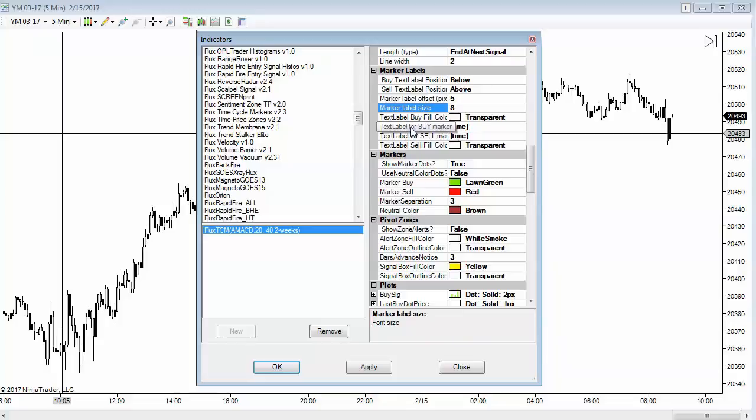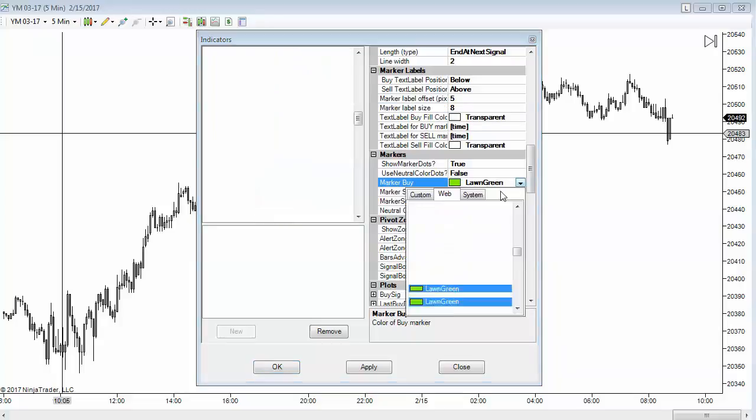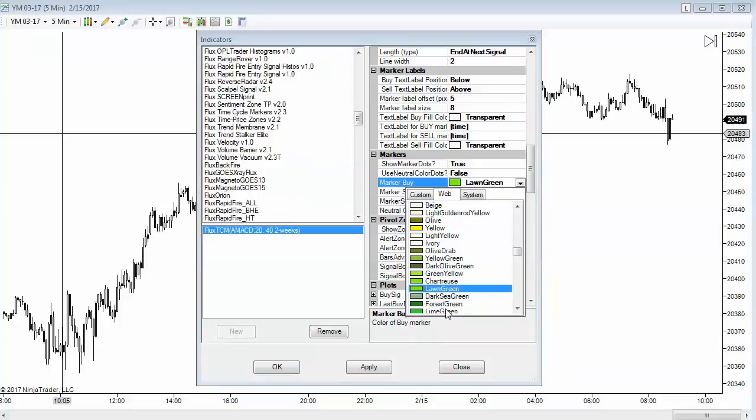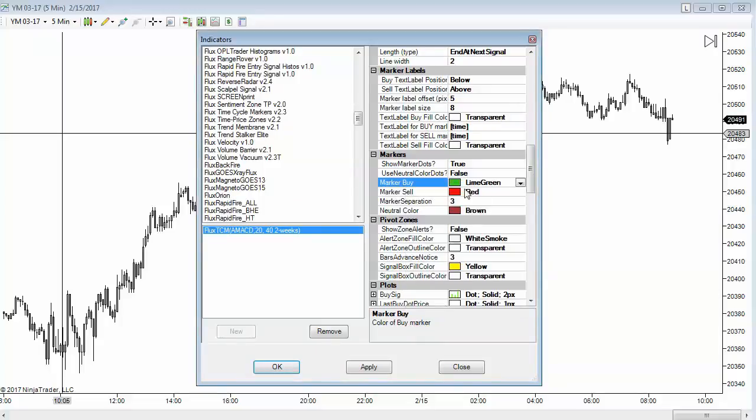The text label for the buy marker is the word time in lowercase letters with square brackets around it. And then I have my buy signal set to lawn green or lime green. I'm a big fan of lime green. I think it punches off the chart. And then the marker sell is set to red. I have my separation set to 3.